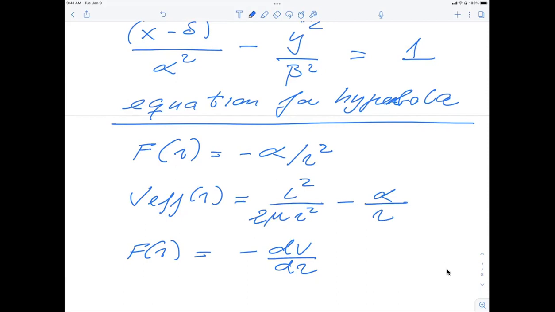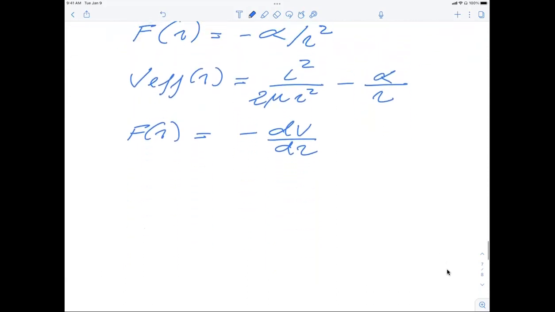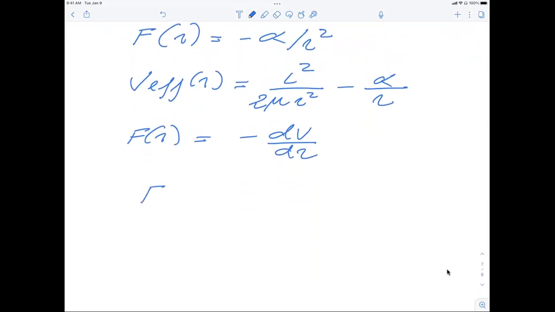Now, let me see if I can trigger your intuition here. If you now replace this same force, but you have this sign in front of it, what kind of physics would you expect now?